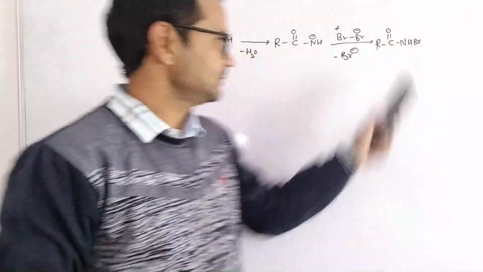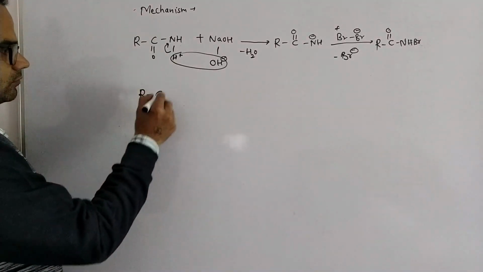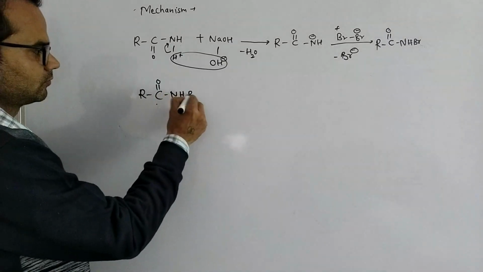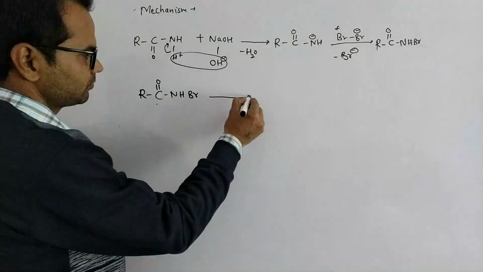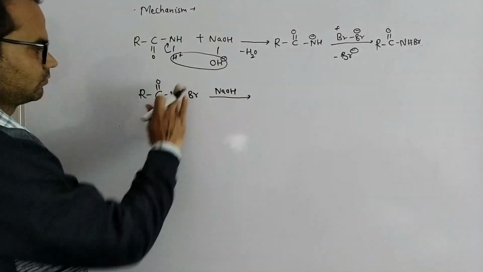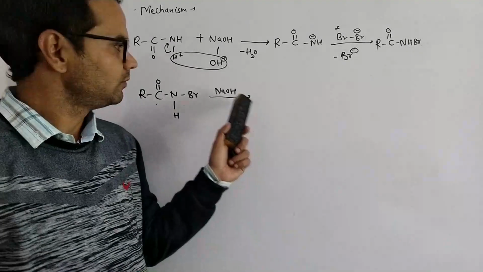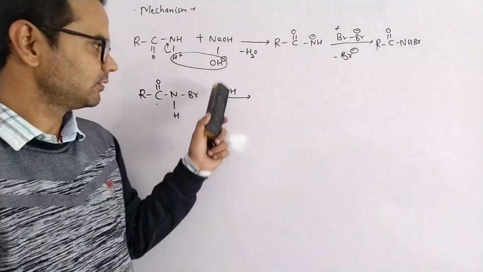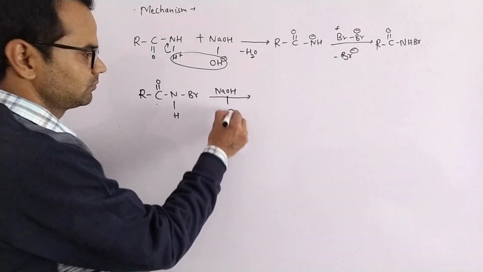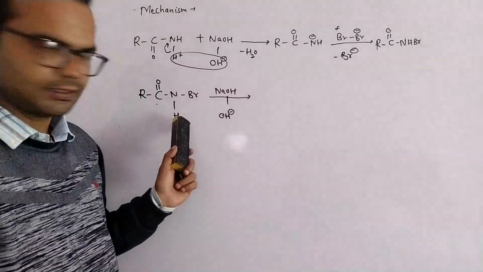So what is next? Next, NaOH again comes into action. It will provide a hydroxide ion. This hydroxide ion will eliminate this acidic hydrogen.